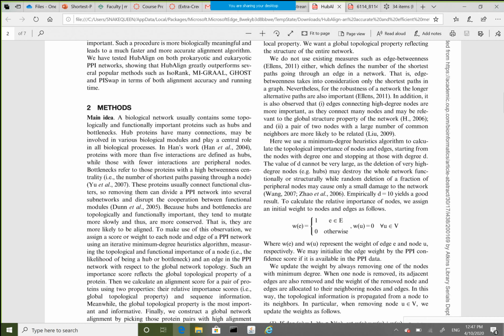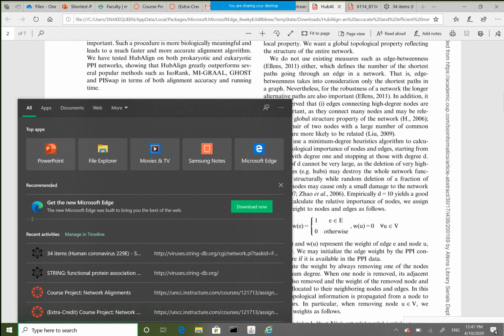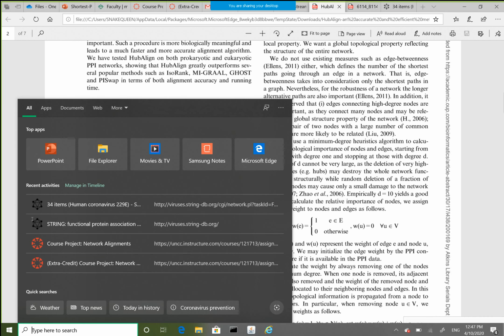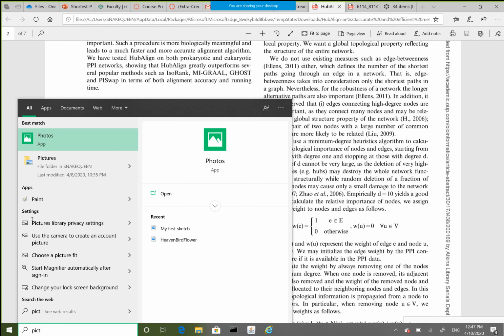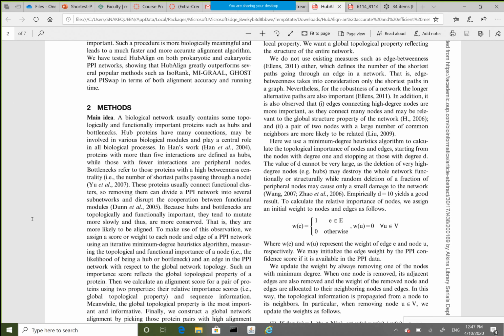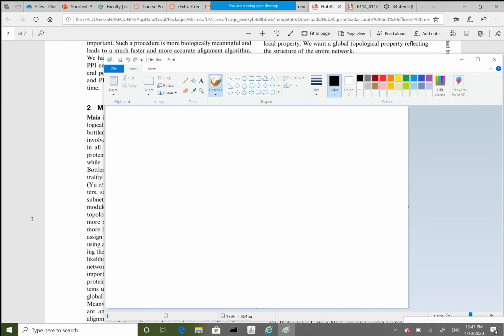Let me explain to you what it means to calculate the importance of, let me write it down here. Okay, so for this, let me write it down, HubAlign.